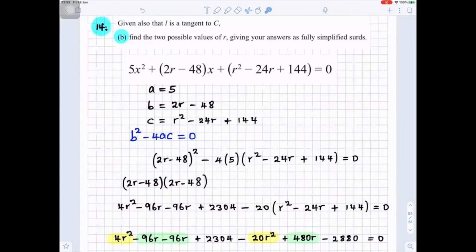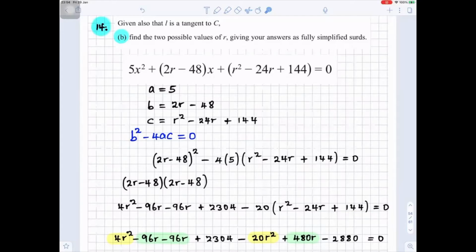So we want to multiply 2r minus 48 times 2r minus 48. That will give us 4r squared minus 96r minus 96r plus 2,304. Minus 4 times 5 is 20, and it has to be 20 times that.